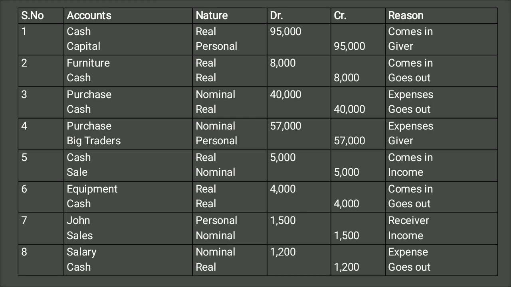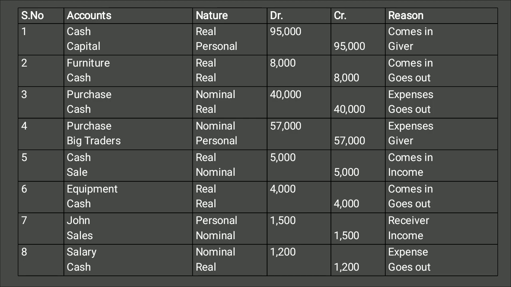Okay. So then we have the third transaction. In the third transaction we have purchase and cash. Basically purchase is part of stock, part of inventory, part of goods, and goods are part of assets. But here we divide goods into two parts. The first part is called income, and the second is called expense, as purchase and sale.